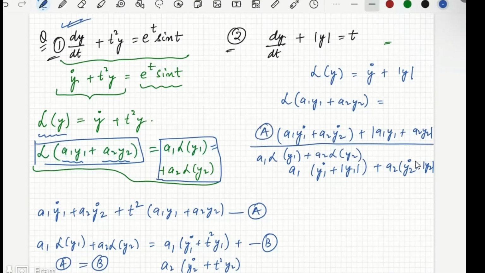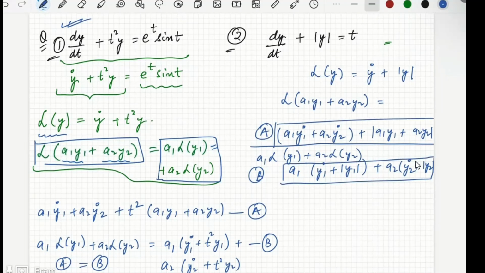So here this is your B and this is your A. Are these equal to each other? We have a1 y1 dot here, and also a1 y1 dot there; a2 y2 dot here, and a2 y2 dot there.